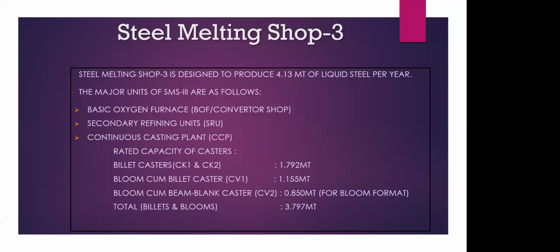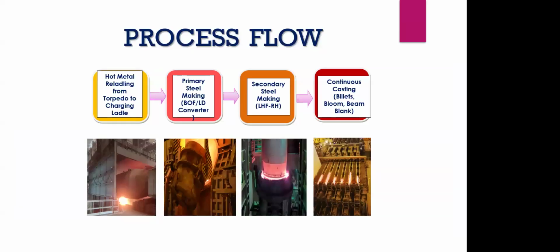We have basic oxygen furnace here, secondary refining and continuous casting. We have 2 billet casters, CK1 and CK2. CK1 is for 105 section and CK2 can get converted to 150 and 105 as well. Then we have one CV1 and CV2. They are bloom cum billet caster.